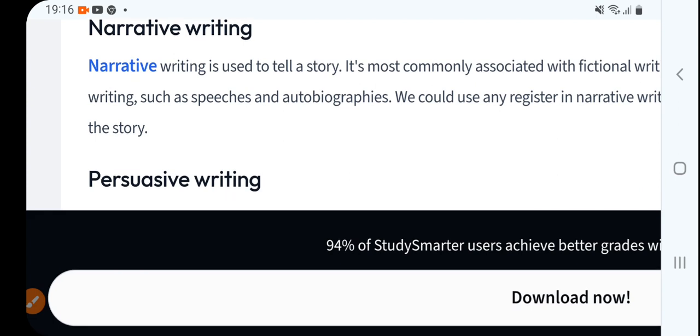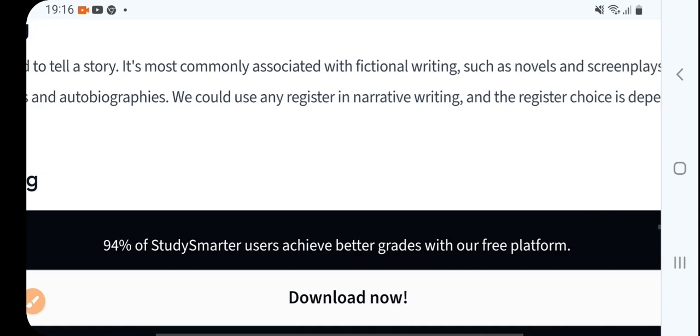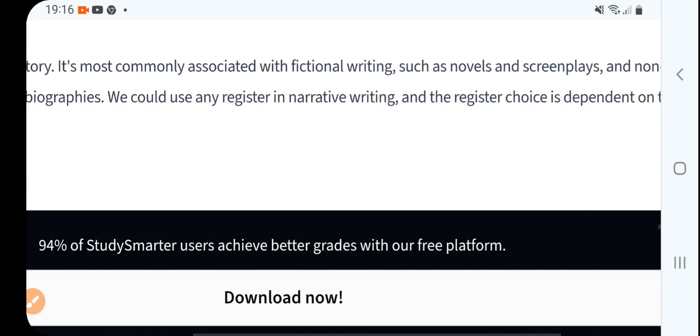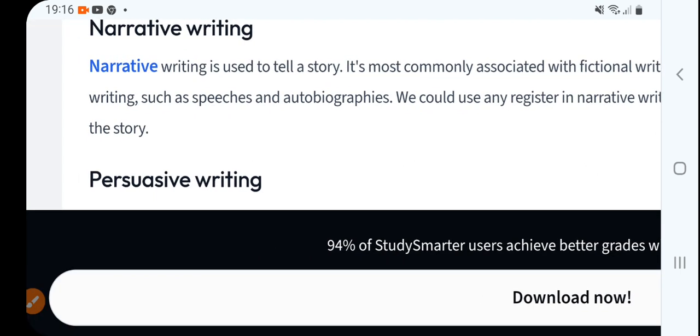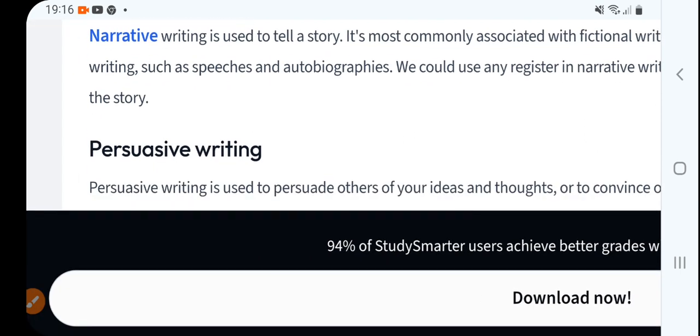Narrative writing is used to tell a story. It is most commonly associated with fictional writing such as novels and screenplays, and non-fictional writing such as speeches and autobiographies.